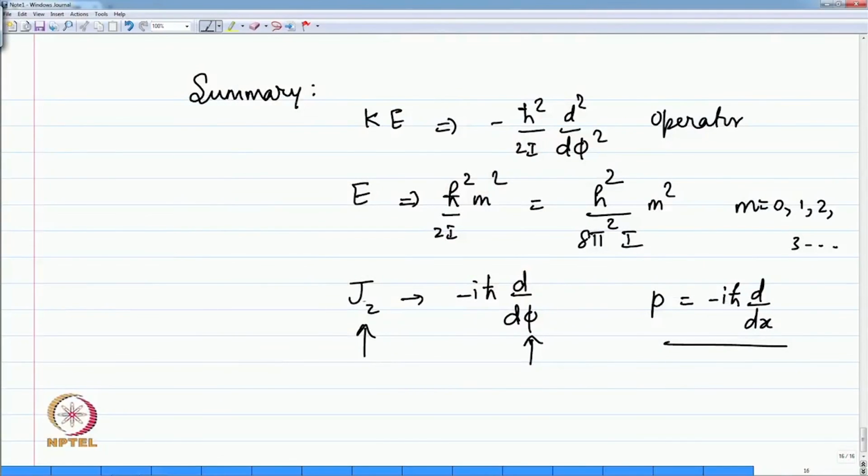Therefore, the location of the particle cannot be specified precisely if we know the precise value for the linear momentum. The same thing here. If we know precisely the value of angular momentum, we do not know exactly where the particle is. It is anywhere on the ring. Therefore, it is as uncertain as the dimension that you are worried about. Therefore, the uncertainty principle is not violated. So, m is equal to 0 is allowed, which means rotational energy is equal to 0. Particle is stationary, but you do not know on what arc of the circle it is in.